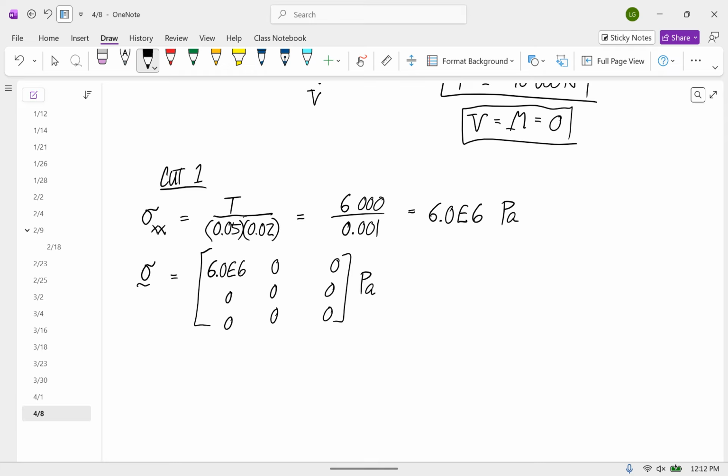If you wanted to get the maximum shear stress, you could. So it says now, assume that it's aluminum. So E and Poisson's ratio for aluminum. You can just Google that or whatever.